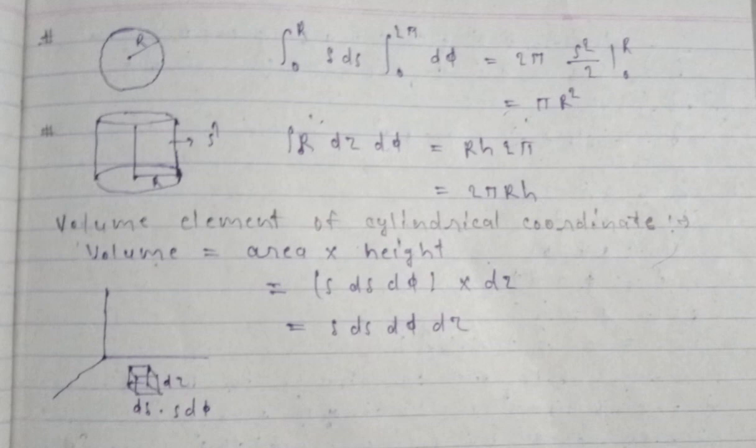Third, let us look at the volume element in the cylindrical coordinates. I can look at it in many different ways. A volume element is nothing but some area times the height. So I can choose any area I like. Suppose I take the area in the z direction.